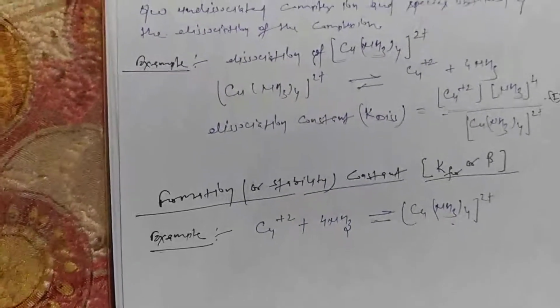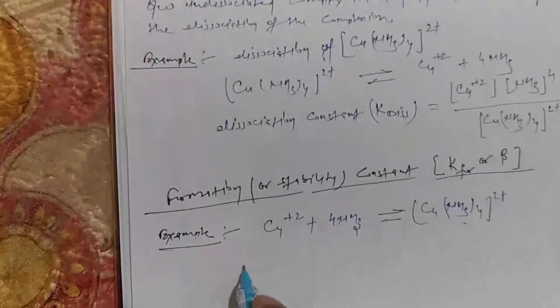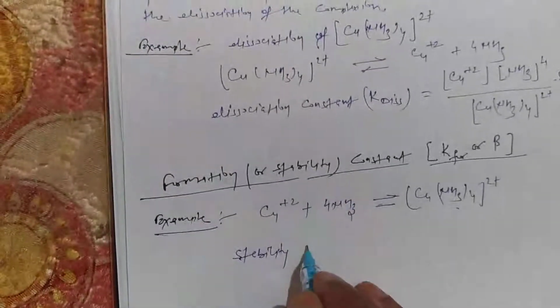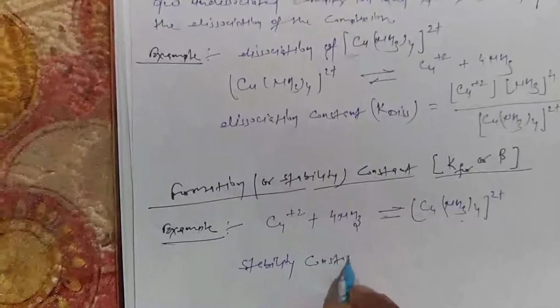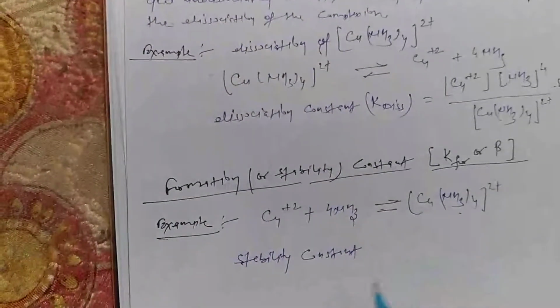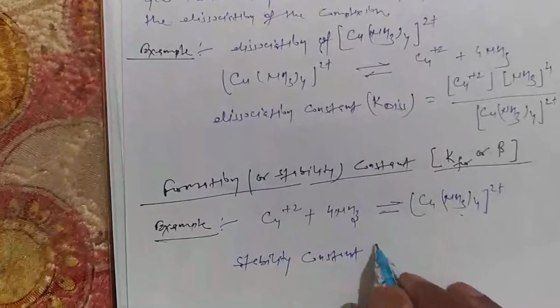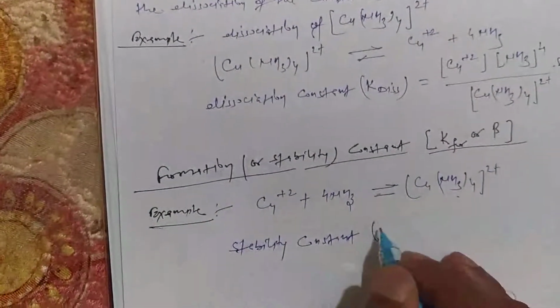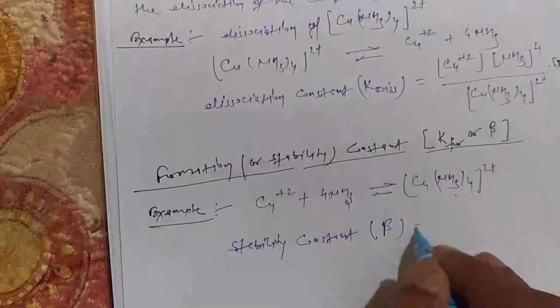Now we will write the stability constant here. Stability constant, or formation constant, you can write also formation constant. This we can represent by K_f or beta. More better to write it beta.